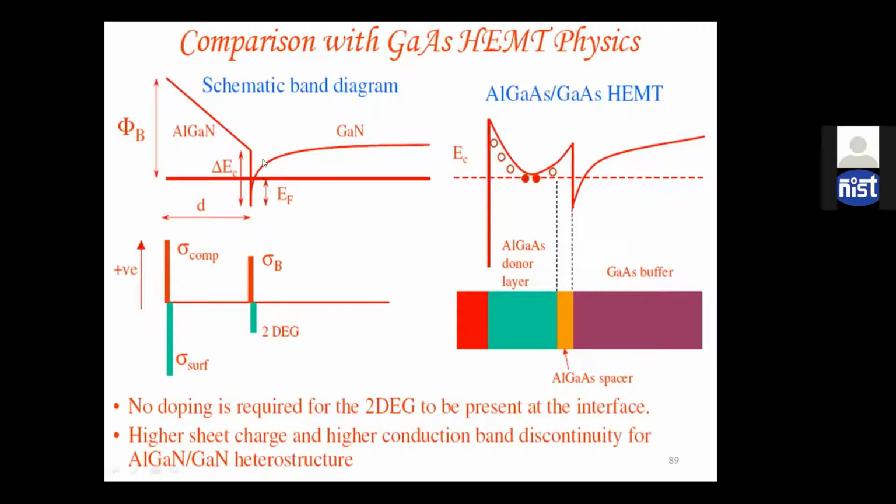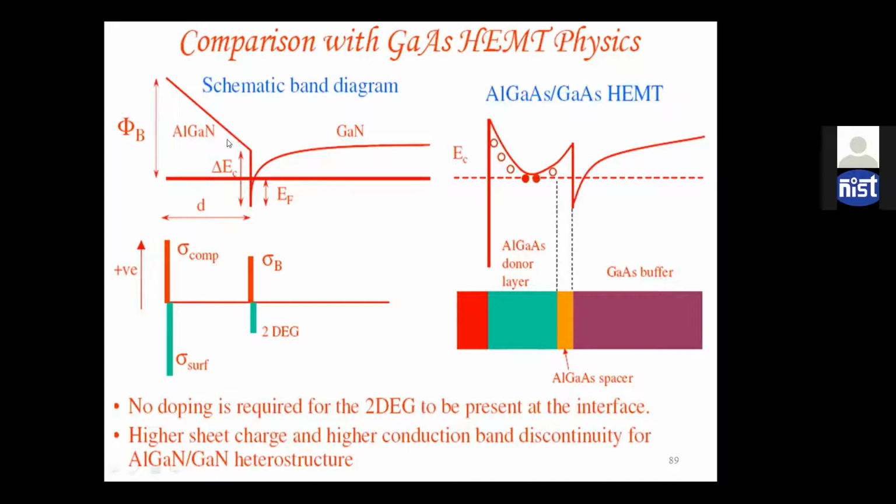And the electrons that we are getting at the interface in AlGaN/GaN are due to surface traps or surface charge. As it is asymmetric in nature, due to surface charge you can get the carriers at the interface. So in the case of AlGaN/GaN, there is no need of doping to get the 2DEG, and you can get a higher sheet charge and a higher conduction band discontinuity.